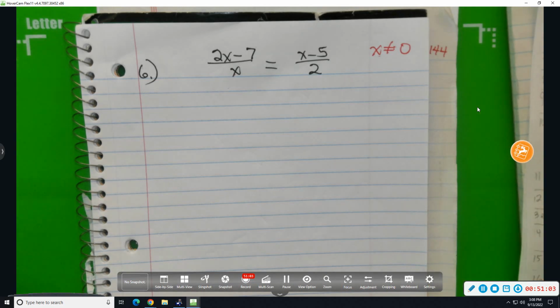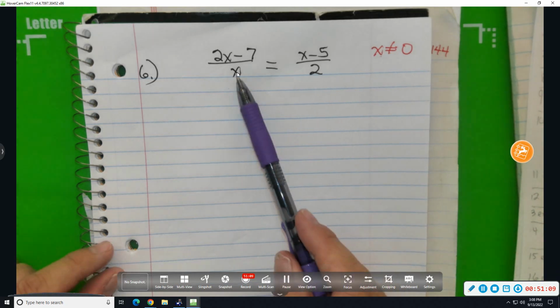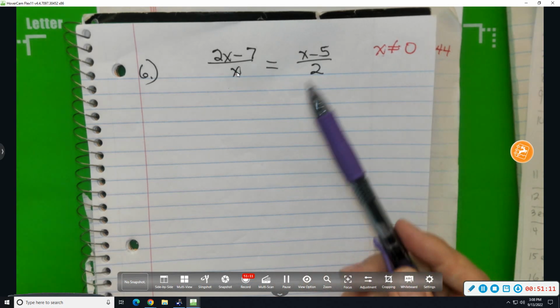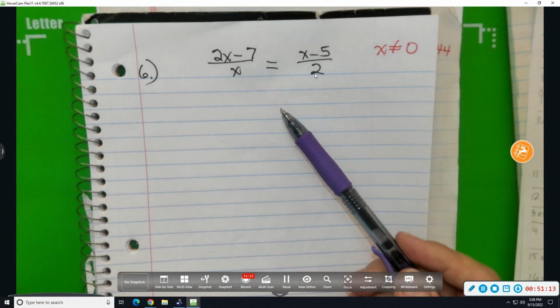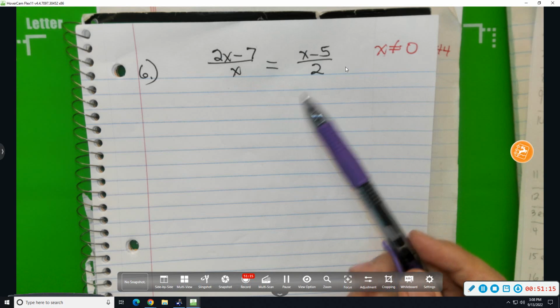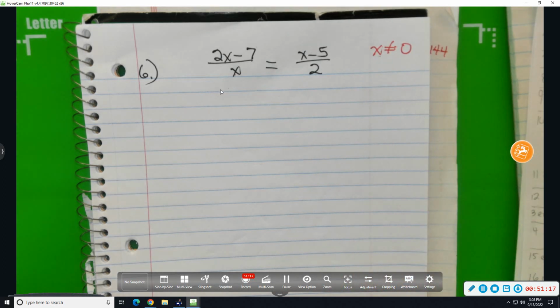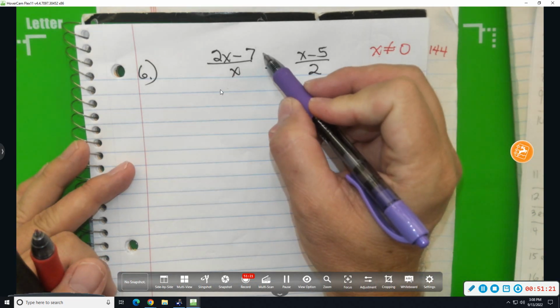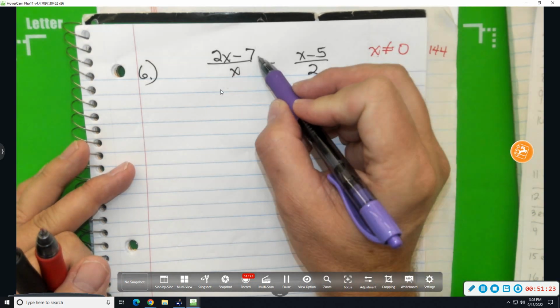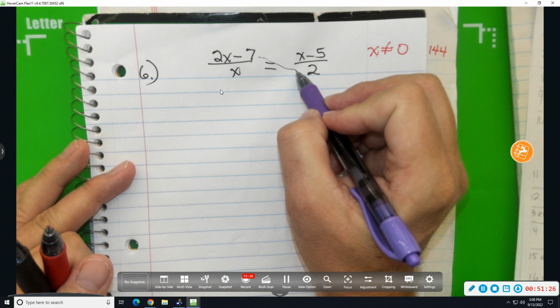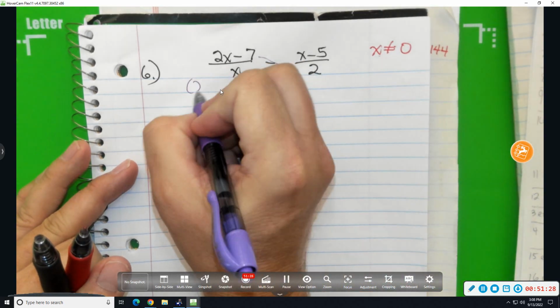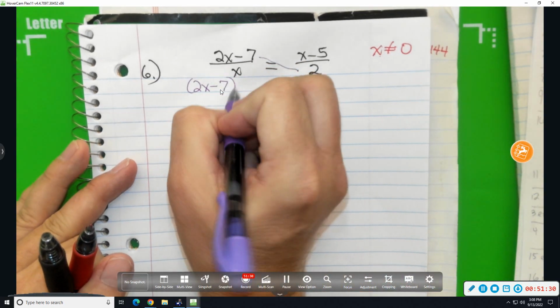So we're going to cross multiply. If you wanted to multiply by the least common denominator, you have two distinct denominators, so you multiply by 2x. You'll still get the same thing that you will when you cross multiply, but I just want to remind you of cross multiplication. You take the 2x minus 7 times 2.